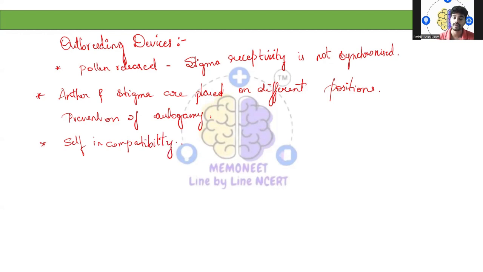In self incompatibility, the pollen germination or the pollen tube growth in the pistil is stopped. That is, it has been prevented.